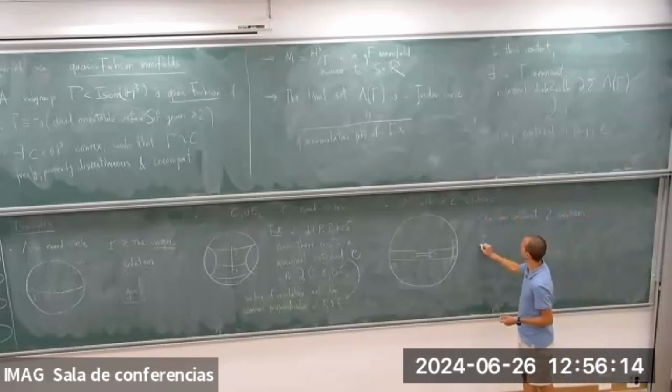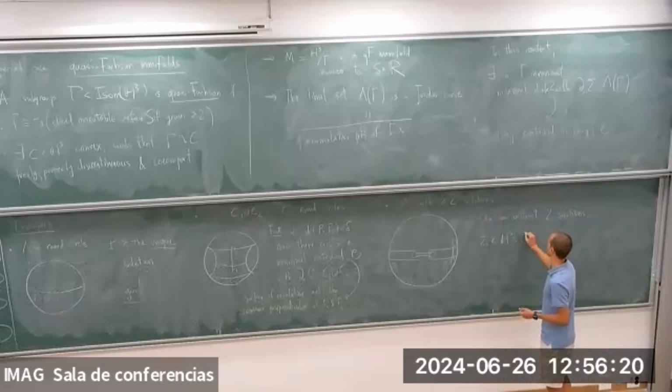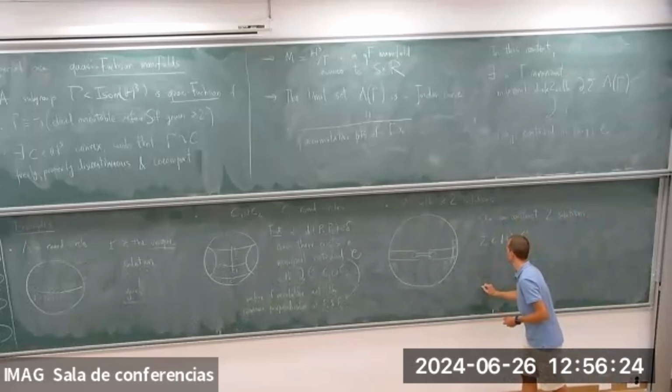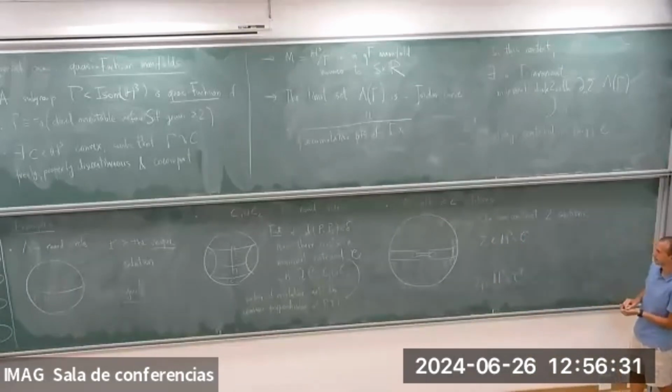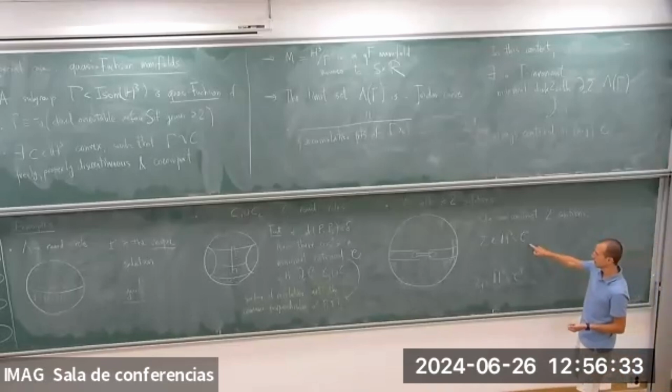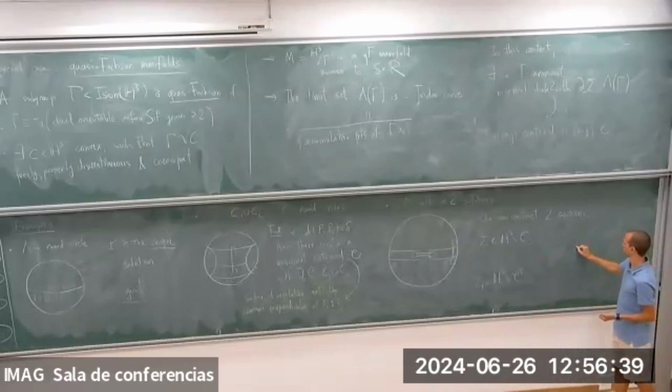So sigma 0, contained in H3 minus C0, and sigma 1, contained in H3 minus C1. And this is how they look. The one in the complement of C0, I don't draw H3 anymore, I just put this.